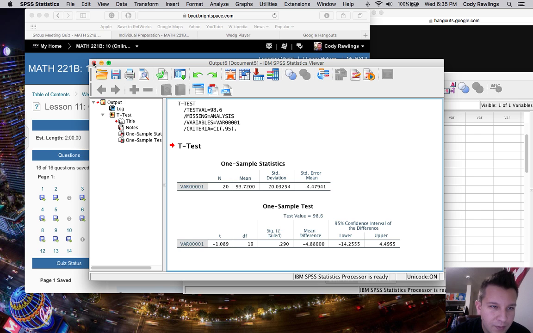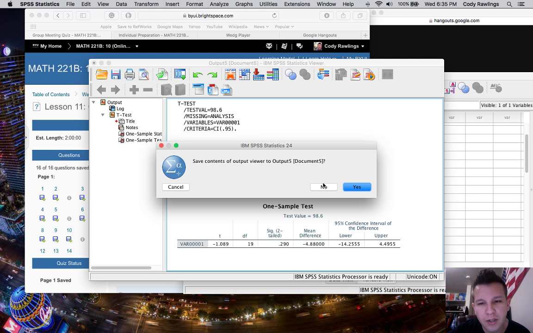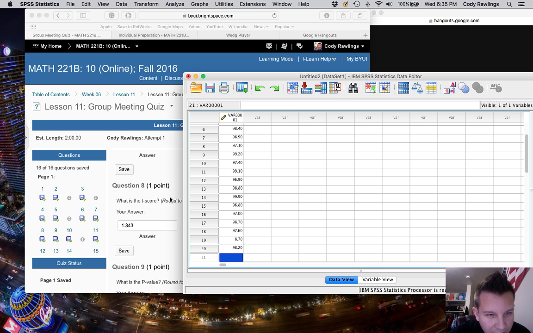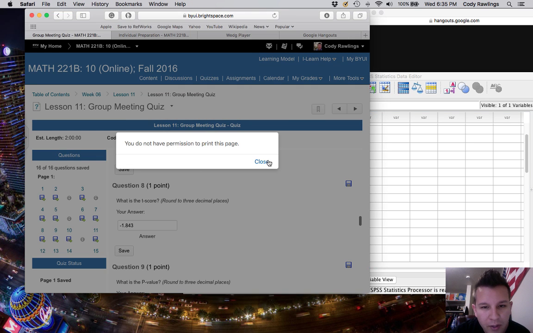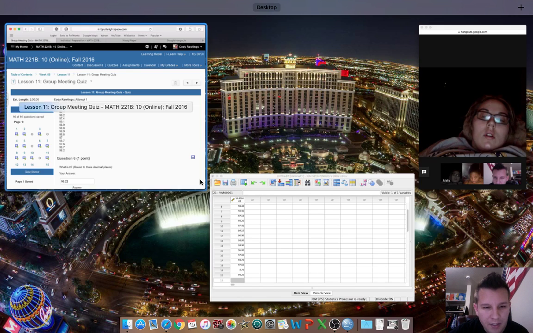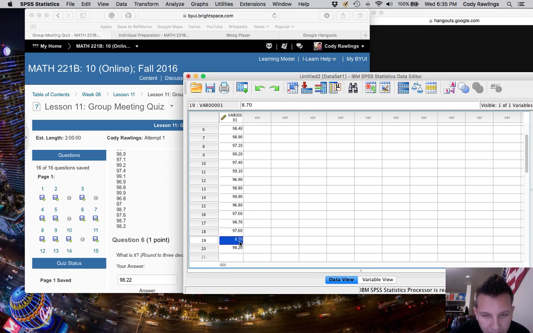Hold on. Let me close this. I put just 8, so the second to last number. I don't want to print the page, you dumb thing. What was the p-value of the sigma? 98.7. Yeah. I got 20.